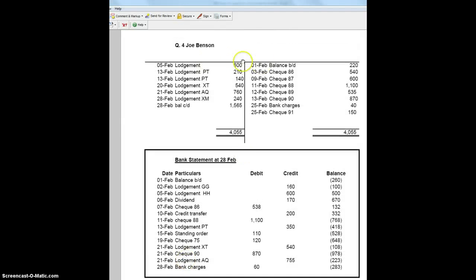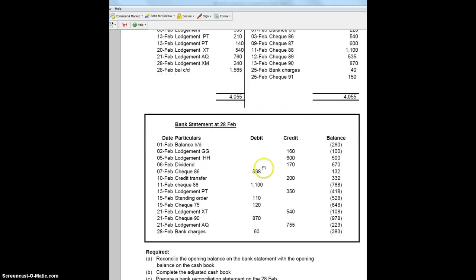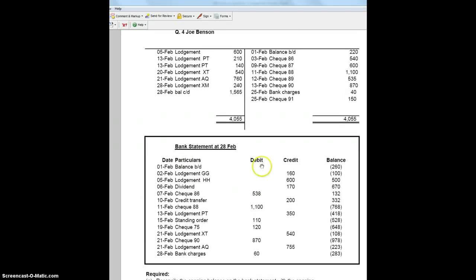So this is the cash book, this T account here, also known as the bank T account, and this is the bank statement. We have to reconcile the opening balance of 260 here with this opening balance here of 220.